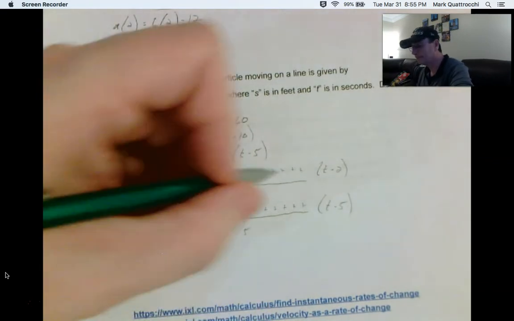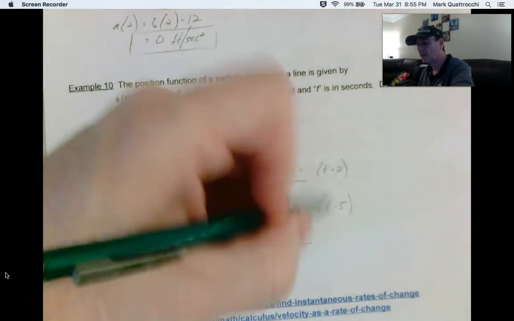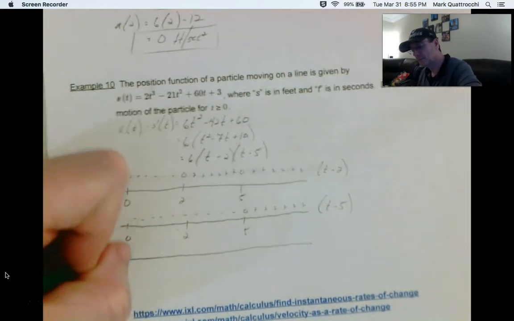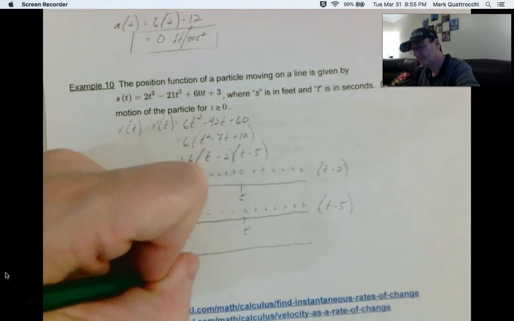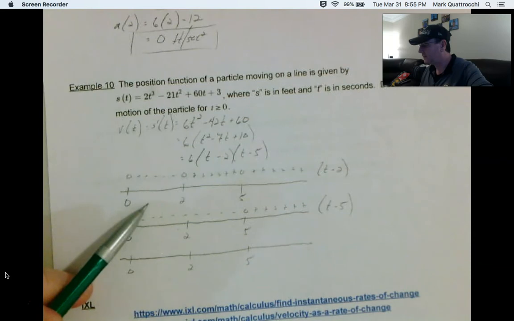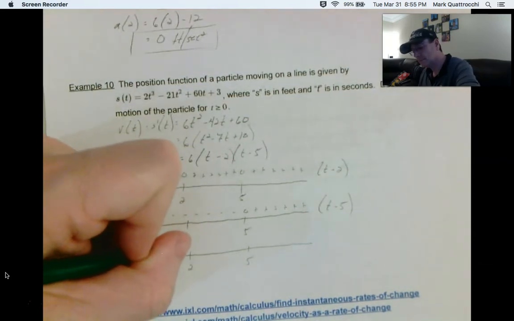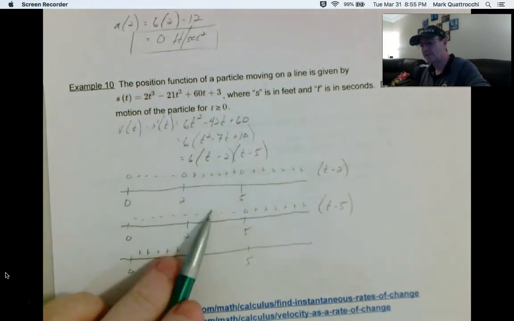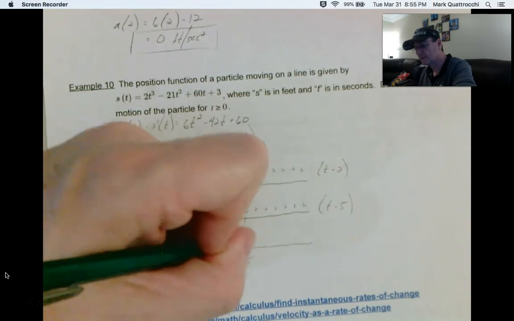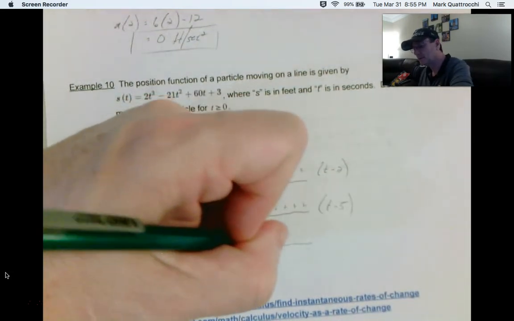These are being multiplied together: t minus 2 times t minus 5. Negative times negative, positive. Positive times negative, negative. 0 here and here. Positive times positive, positive.